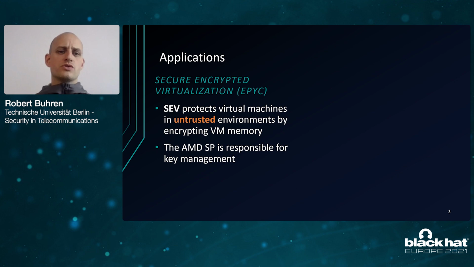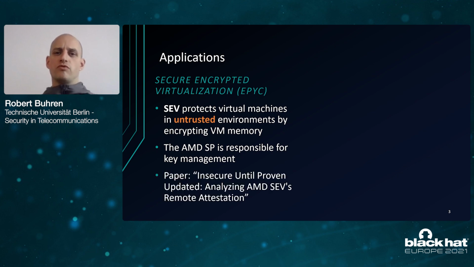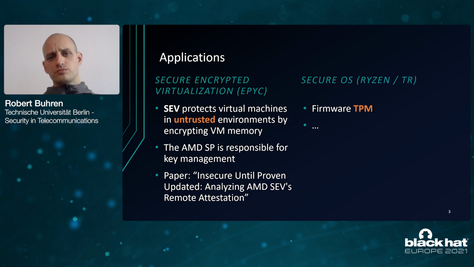In that scenario, the secure processor is responsible for key management. In a previous paper, we published some work that shows what happens if there are firmware issues within that secure processor's firmware and how they affect the SEV technology. If you're interested in that, have a look at our paper called Insecure Until Proven Updated.